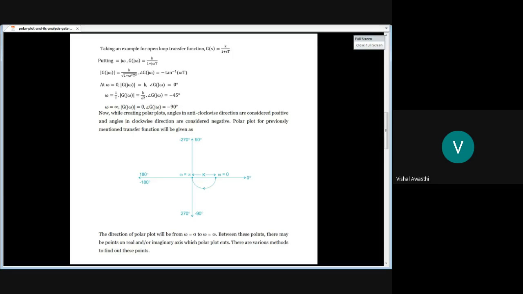Now the magnitude. The magnitude is nothing but a distance, and this distance is similar to your plotting of a graph in your earlier classes. So just suppose the magnitude is coming as 5 units.